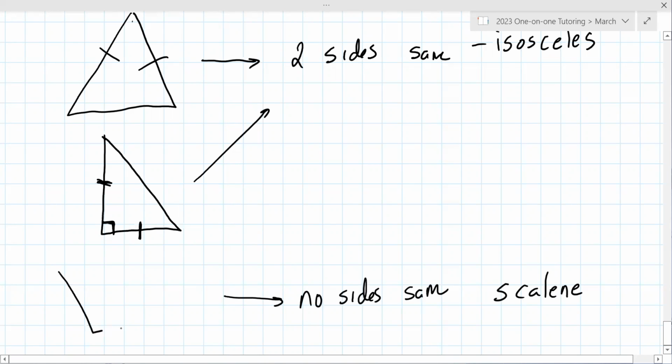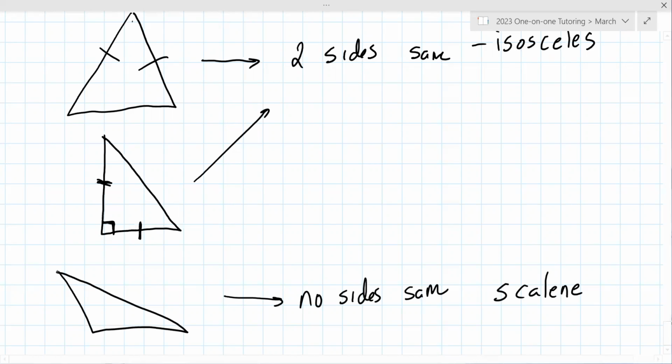There's a lot of these that you can draw, but here's one of them. So this is called scalene. So you have to know all three of these words: equilateral, isosceles, and scalene. Okay, got it down.